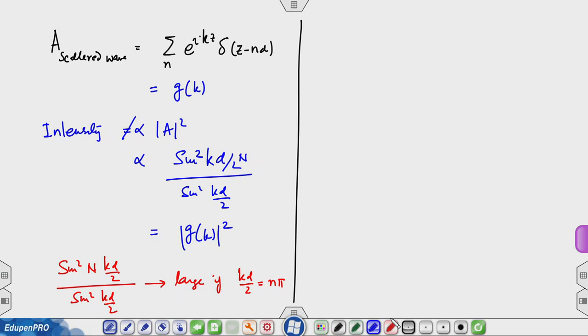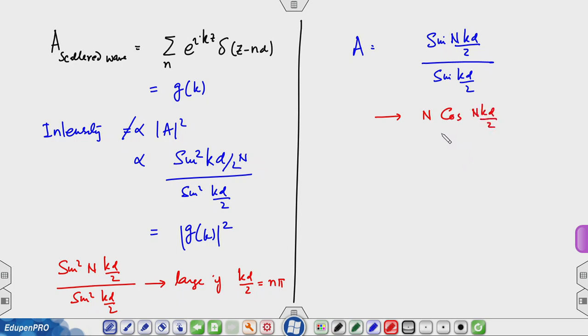So, if I were to calculate the ratio of the amplitude, sin n k d by 2 over sin k d by 2 goes to n cosine of n k d by 2 divided by cosine of k d by 2, and at k d by 2 equals n pi, this becomes plus or minus n.